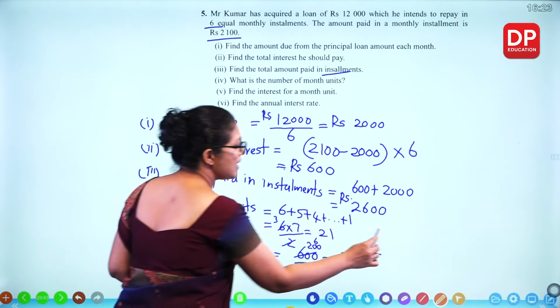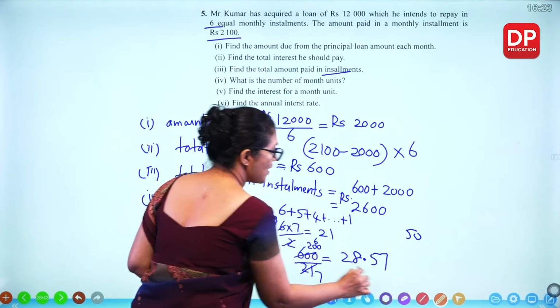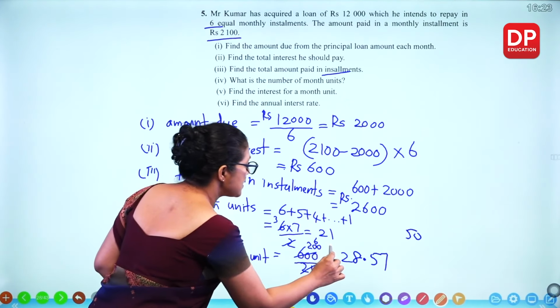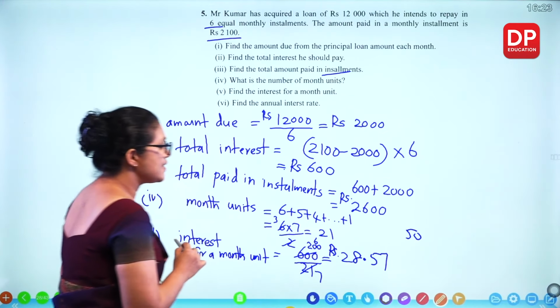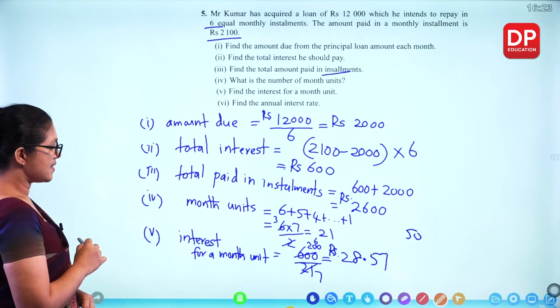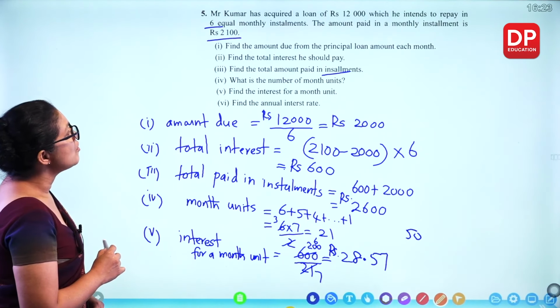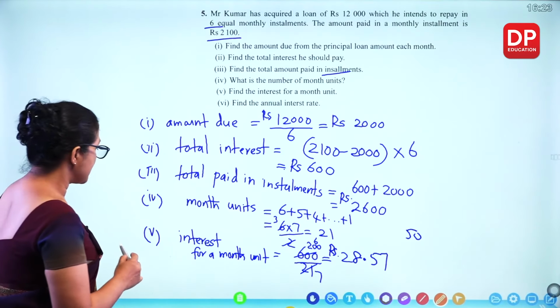For 50 again, 7 times 7, 49. So 28 rupees and 57 cents is the interest for a month unit. And you are asked to find the annual interest rate.